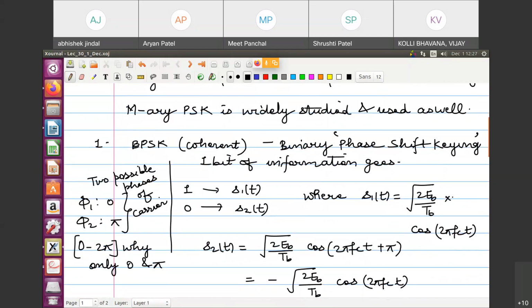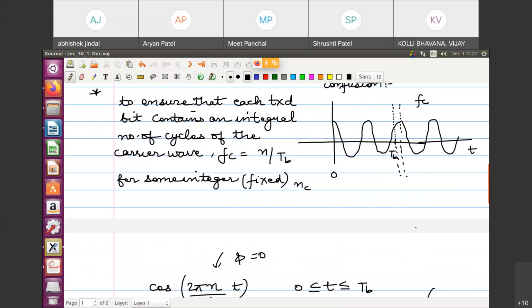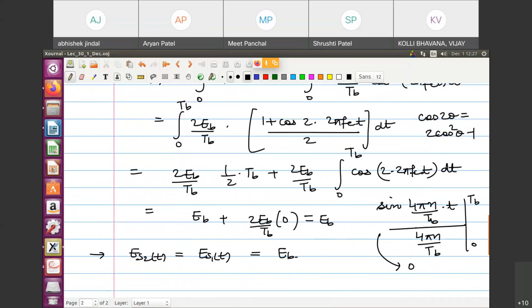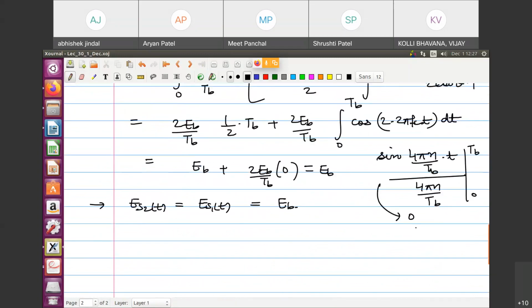This scaling factor ensures that over the interval 0 to TB, your waveform contains an energy of EB. Scaling factors are not arbitrary, they are done with a purpose, and if you understand the purpose, there is no need to mug up the scaling factor. You can easily work it out yourself as well.